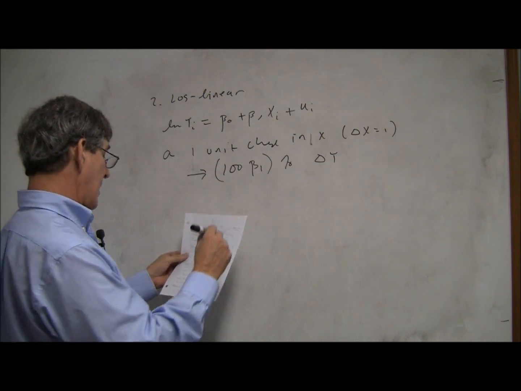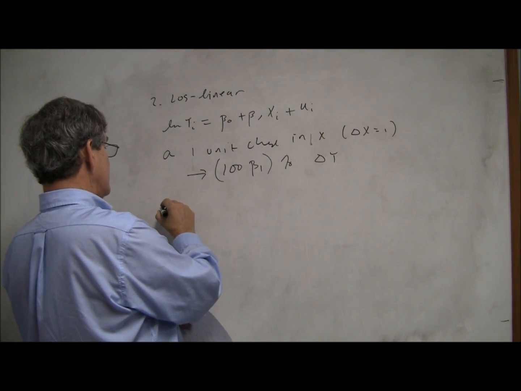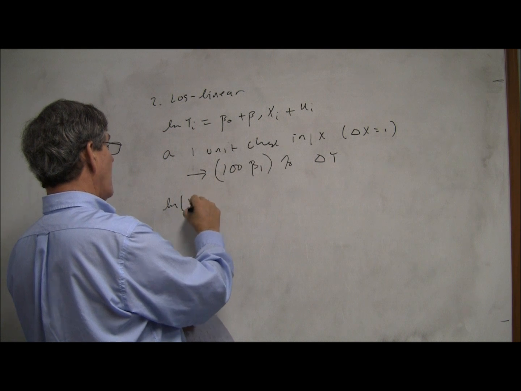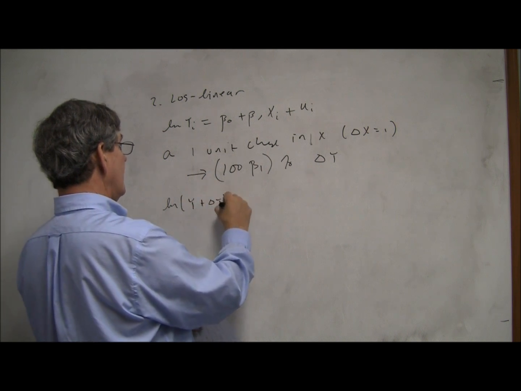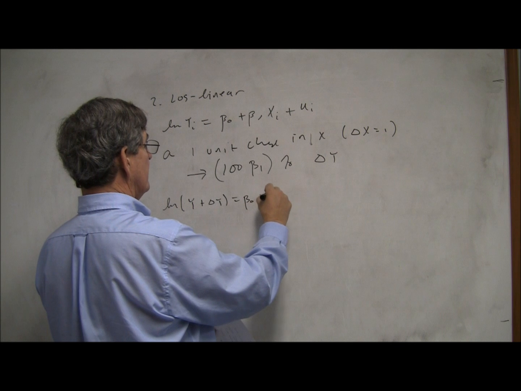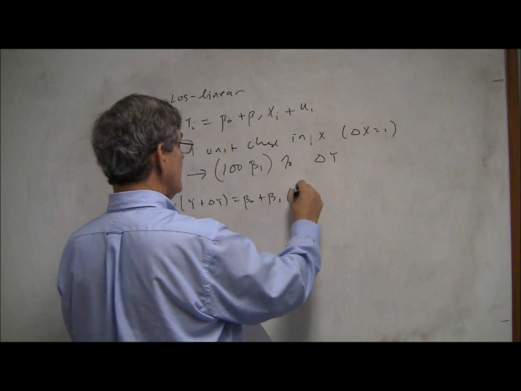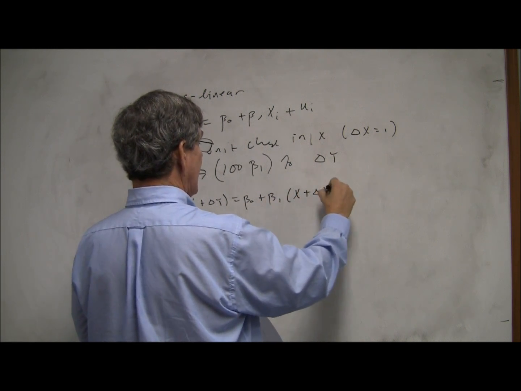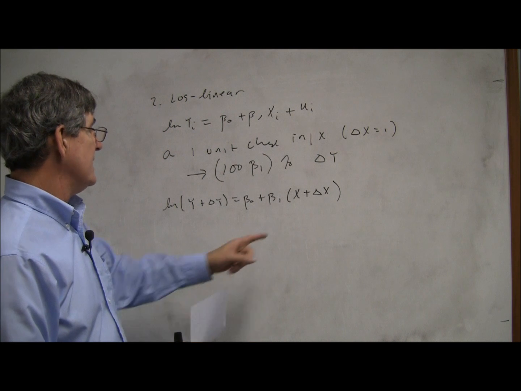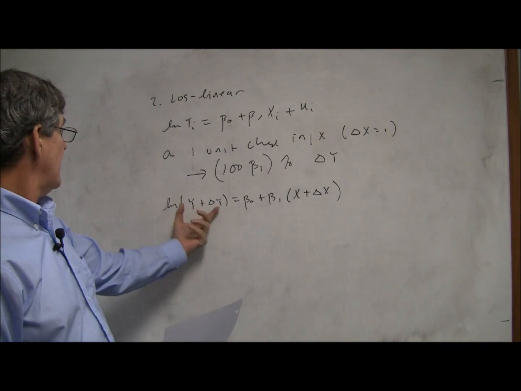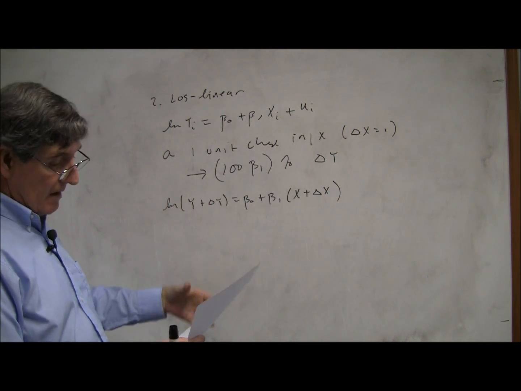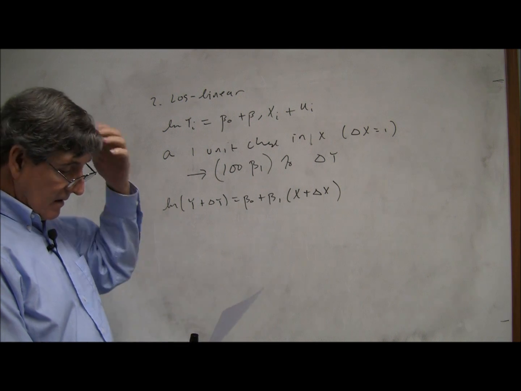To look at that one, say the log of y plus delta y is beta 0 plus beta 1 times x plus delta x. So if I change x by delta x, y changes by that amount.